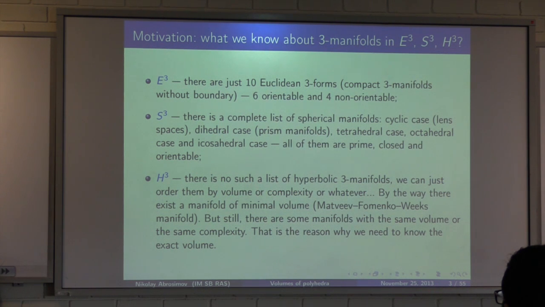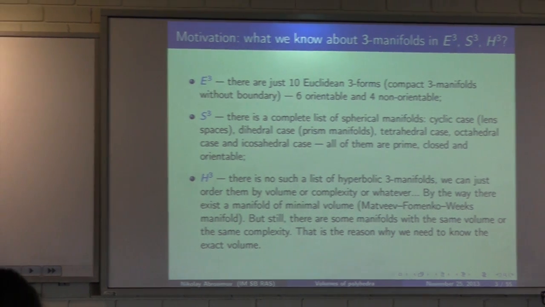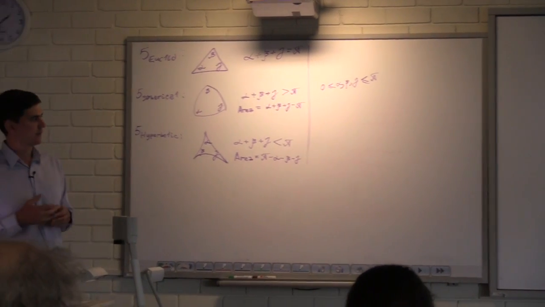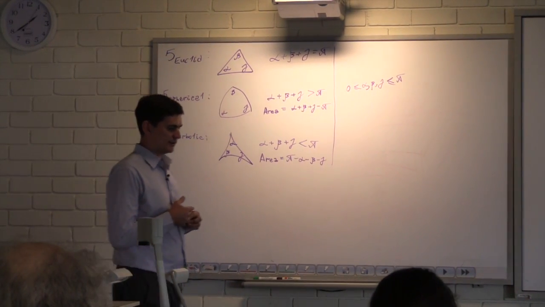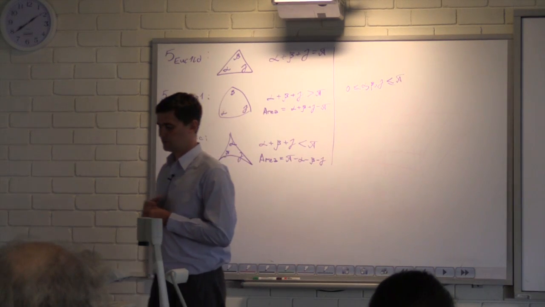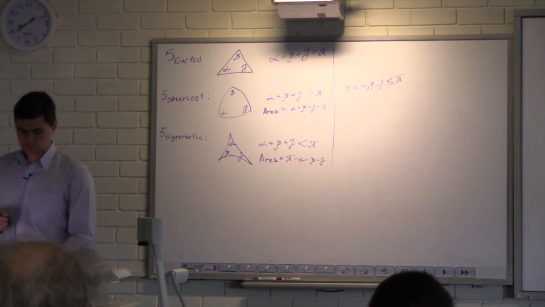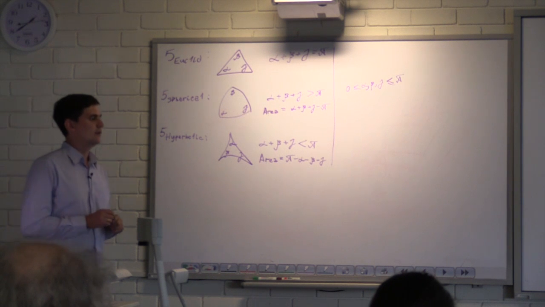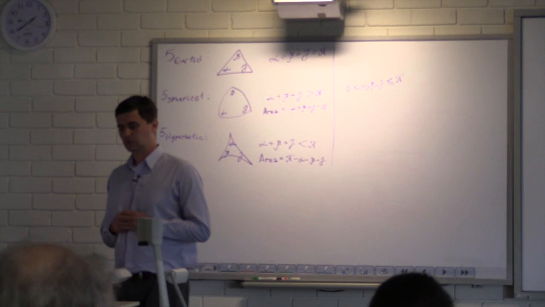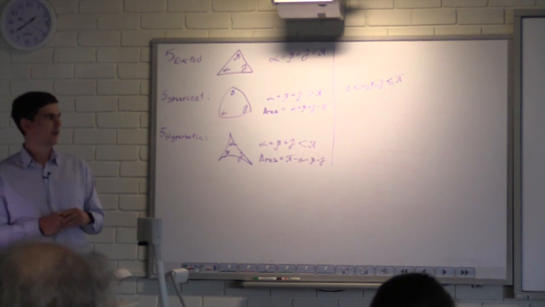You can just arrange the manifolds by increasing volume or increasing complexity or something else. But of course, there are still different manifolds with the same volumes. And that is the reason why we need to know the exact formulas for the volume of three-manifolds.